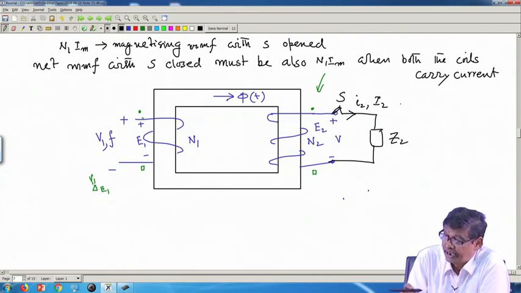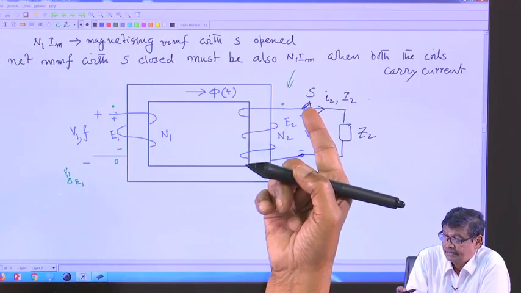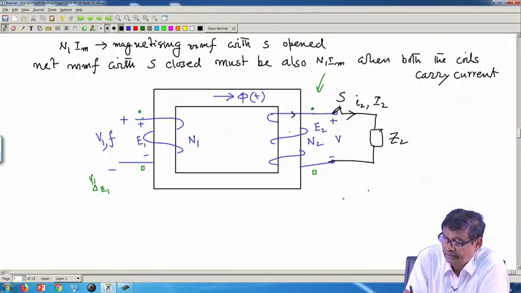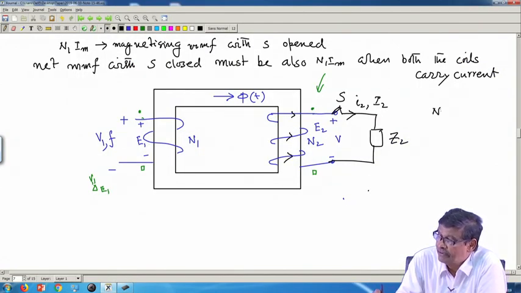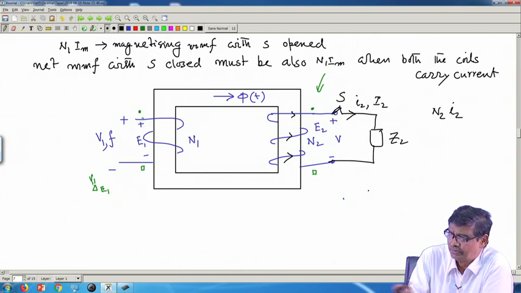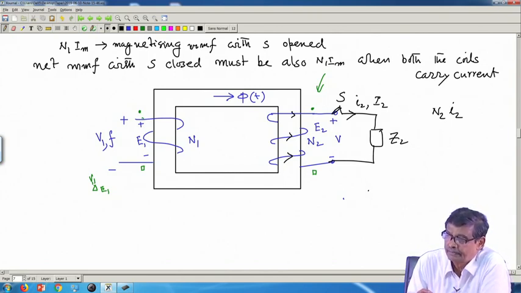Therefore, secondary coil will create an MMF N2 into I2, instantaneous values, or N2 into capital I2 RMS value of the current.